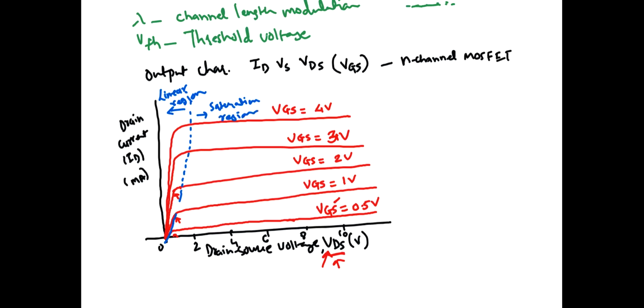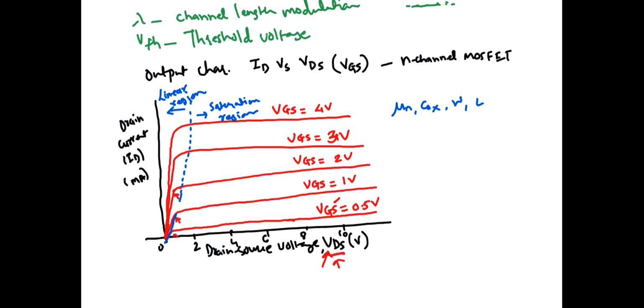It is important to note that parameters such as the mobility, oxide capacitance, width and length may not be given in the datasheet of the MOSFETs.